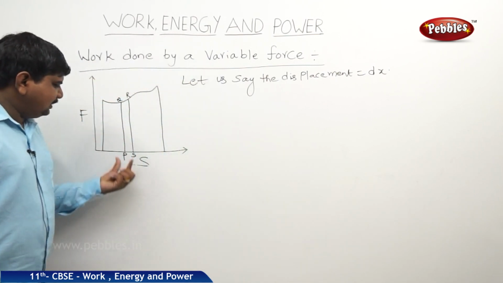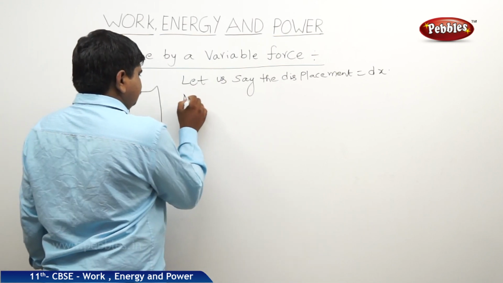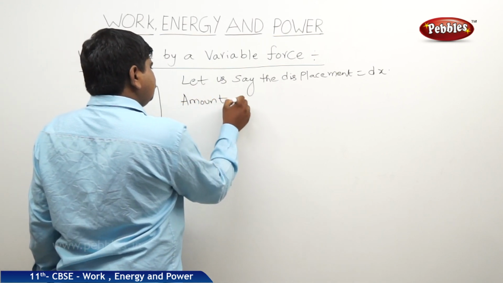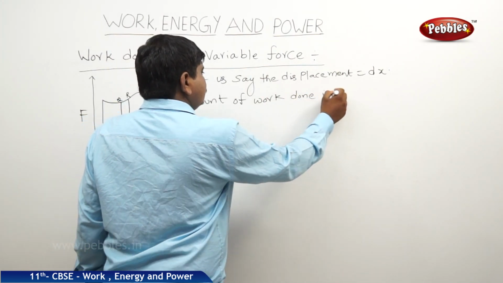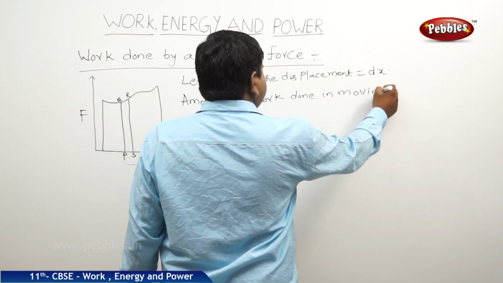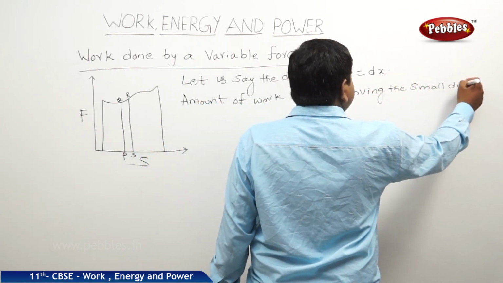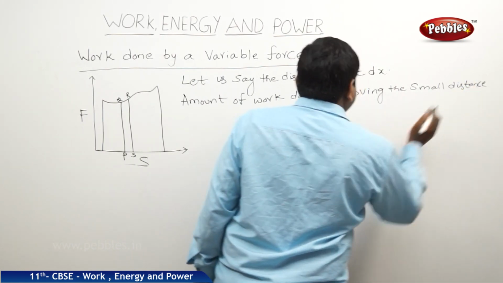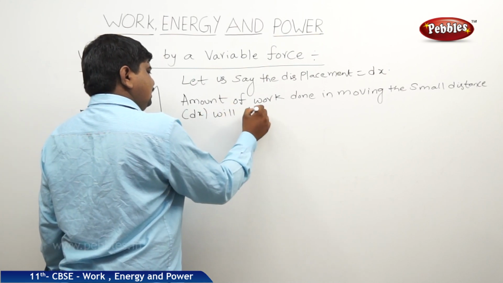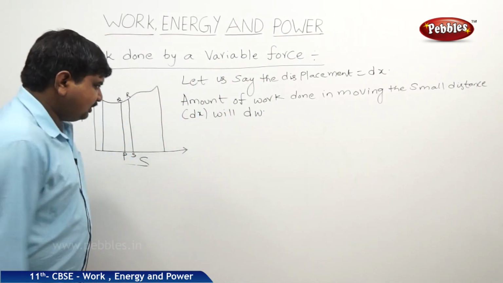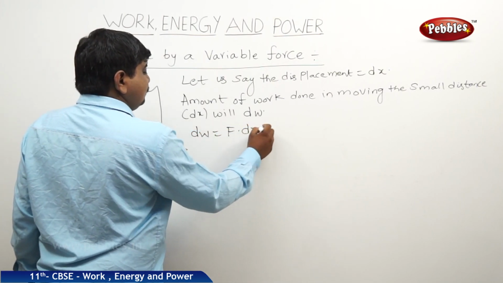So the amount of work done in moving this small distance dx will be dW. Therefore, dW is equal to F dot dx.